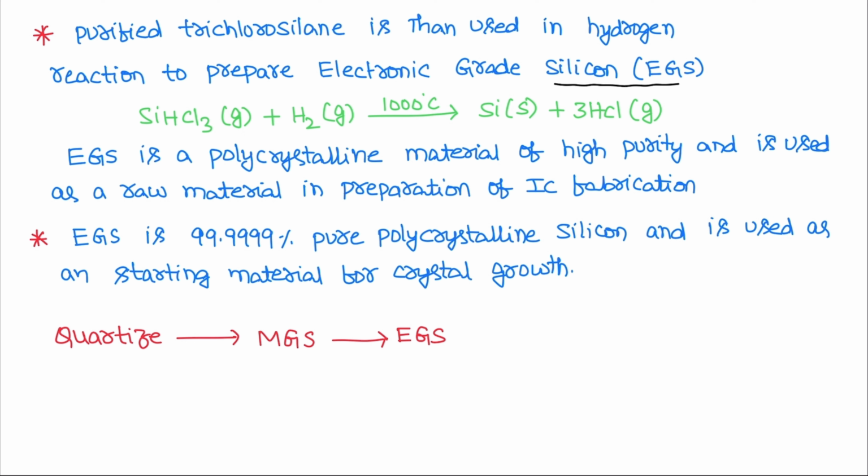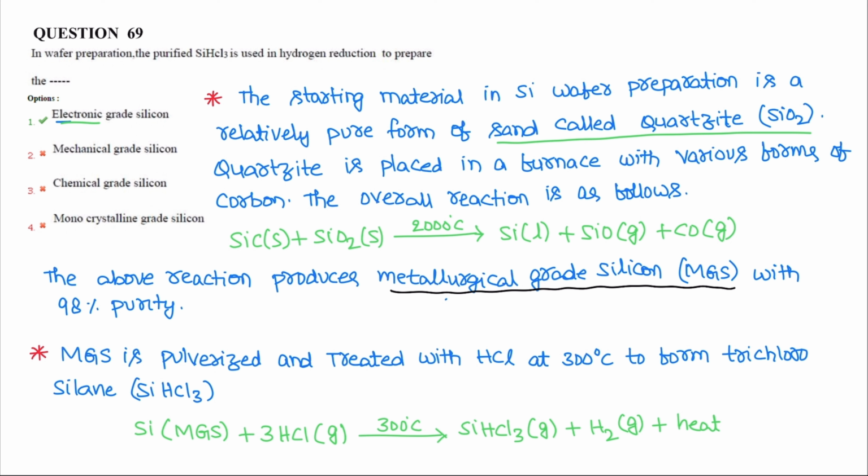electronic grade silicon. EGS is a polycrystalline material of high purity and is used as a raw material in preparation of IC fabrication. This EGS is 99.999% pure polycrystalline silicon, and it is used as a starting material for the crystal growth. In the question, in wafer preparation purified SiHCl3, that is trichlorosilane, is used in reduction reaction to prepare the electronic grade silicon.